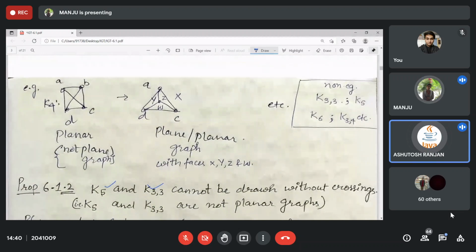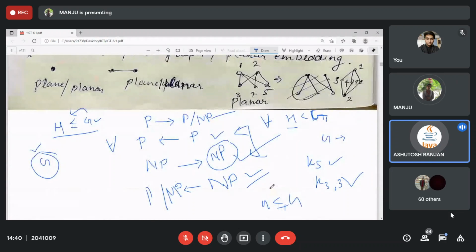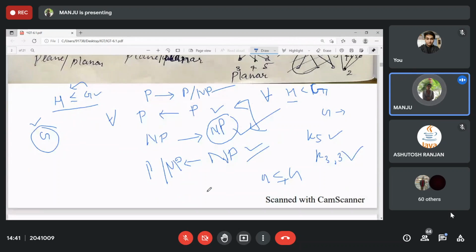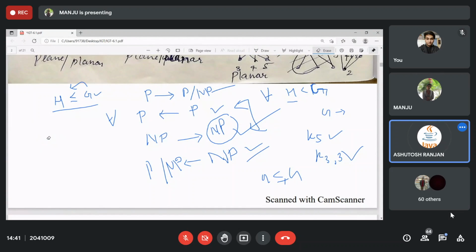Ma'am, then for the last one, we can take none of these, or the C part, both A and B. None of these, because you know that. What was your example? Which graph did you take? You just told me, no? I can give one example where every subgraph is planar or non-planar for a particular graph.